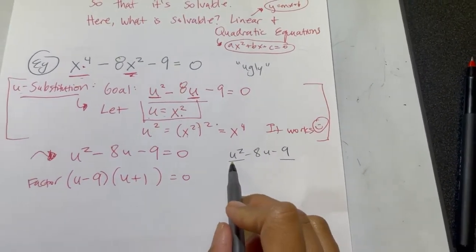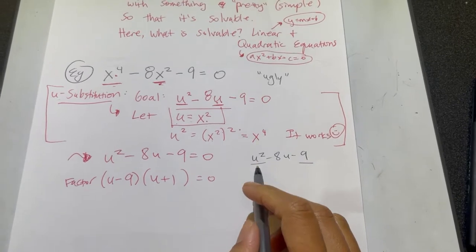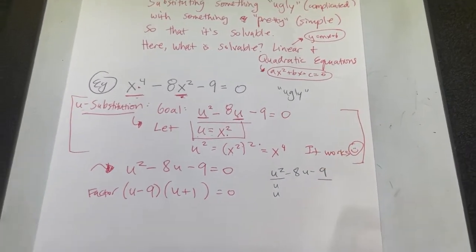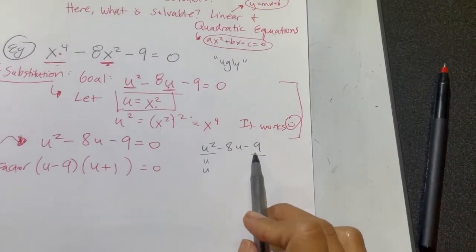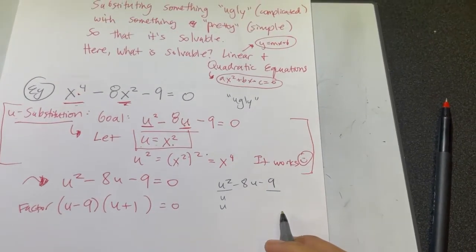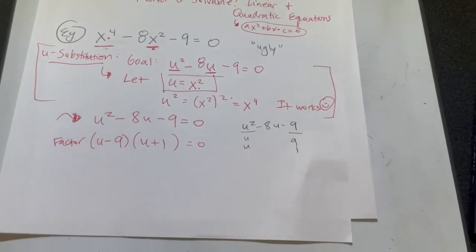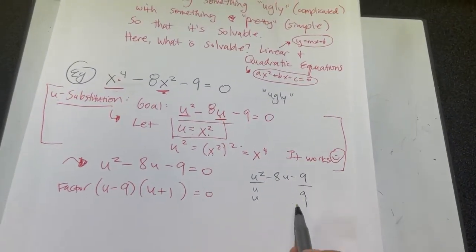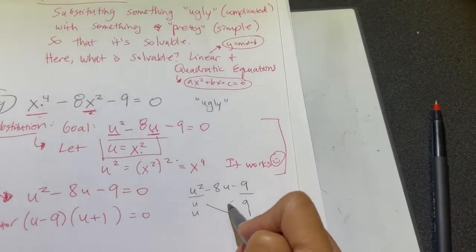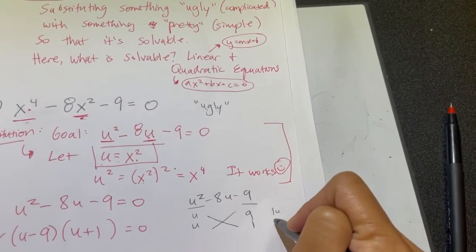Two terms that multiply to give you u squared are u and u, right? What are two numbers that multiply to give you 9? 9 and 1, or 3 and 3, right? There's only two options. One of them is going to be negative. We don't know which one. Cross multiply, I get 1u and 9u.